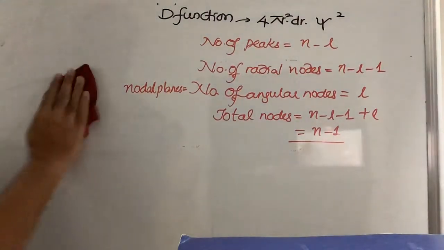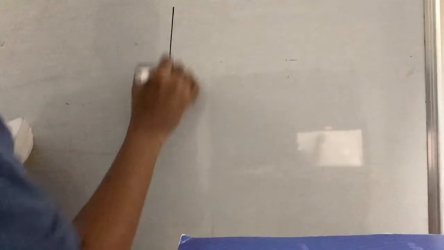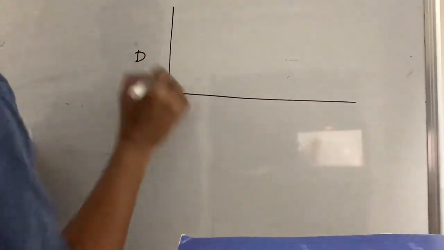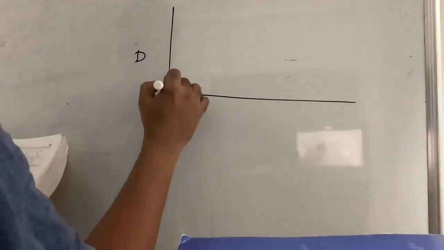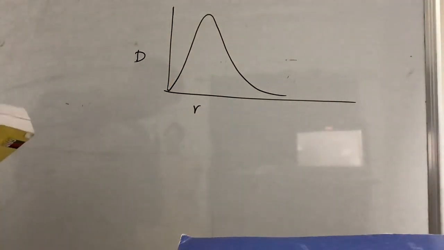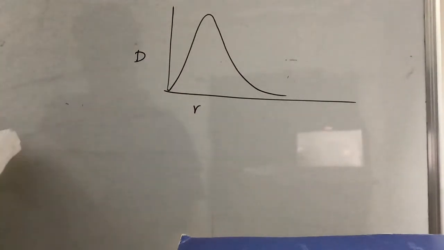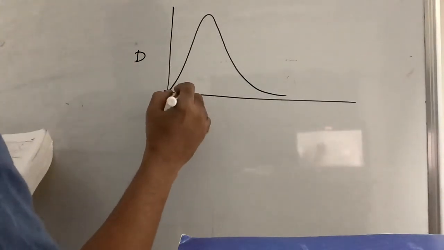This is an interesting graph. Here I am taking the D function versus R. You see, this is for the 1s orbital.